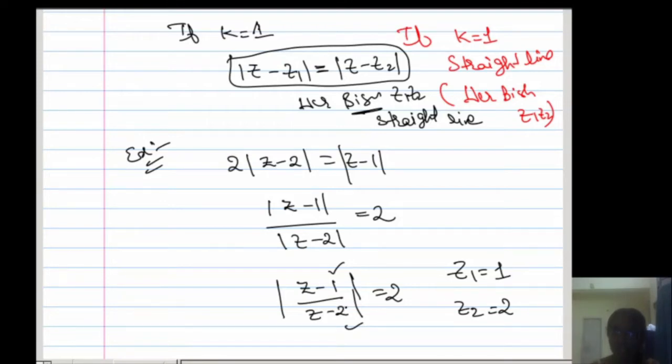So these are z1, z2 and k is equal to 2 here. That means k is not equal to 1. According to our known concept, k not equal to 1 means the locus is a circle.